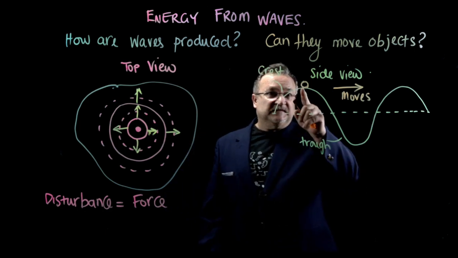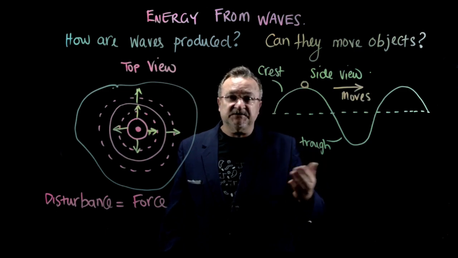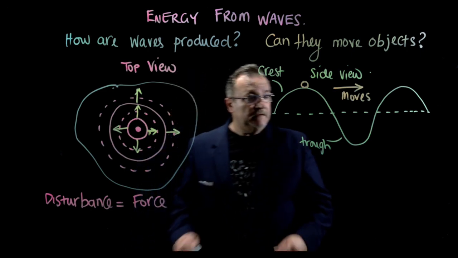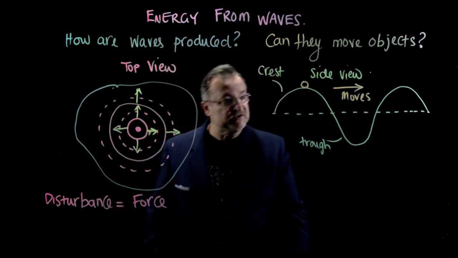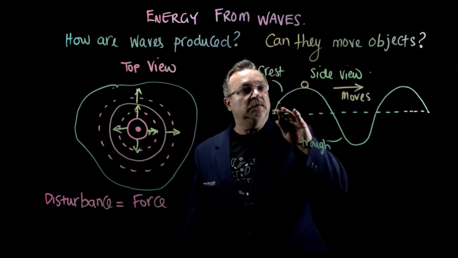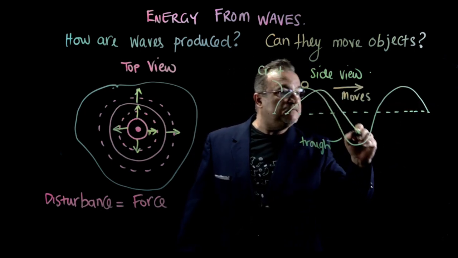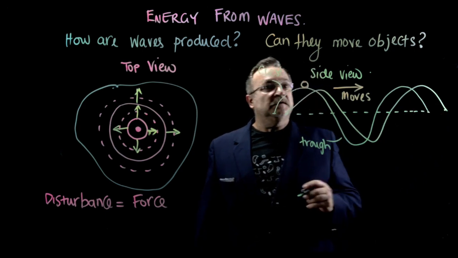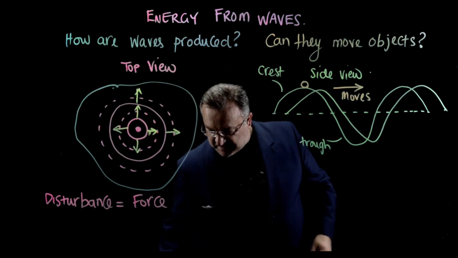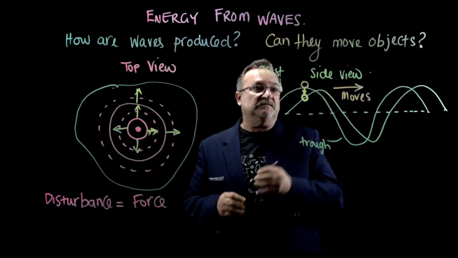Now, the particle that's floating on top of the wave, what's it actually doing as the wave passes? Well, let's consider that. So if we take a snapshot of the wave at some time after we see it in this position, the wave might move something like this. Now, the wave's moving to the right. What's the particle doing? Well, the particle has now moved down into this position.